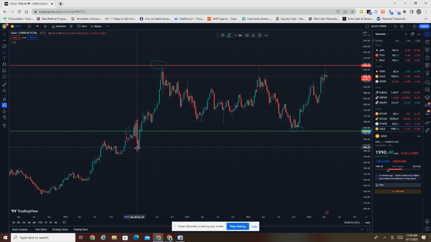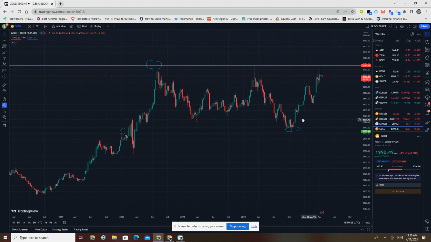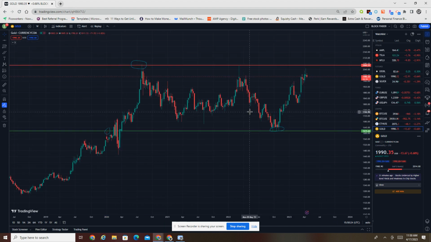Then after it did its little retest, it came back down to another decent area of support, which we can mark, and then it shot all the way up. Okay, you guys. So what this zone here is telling us is that this is a decent zone. It's a solid zone. It's a place where price was respecting dearly.